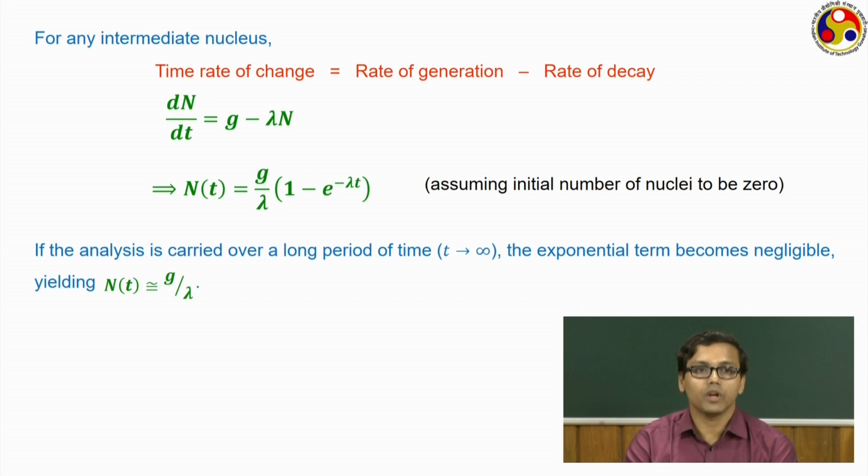Like say if your zone of interest or period of interest for a certain activity is only say 1 second, then even 20 seconds can also be treated as infinite. And therefore, this exponential term over a very long time interval of course tends to 0 or becomes negligible, yielding this N(t) is equal to G by lambda.